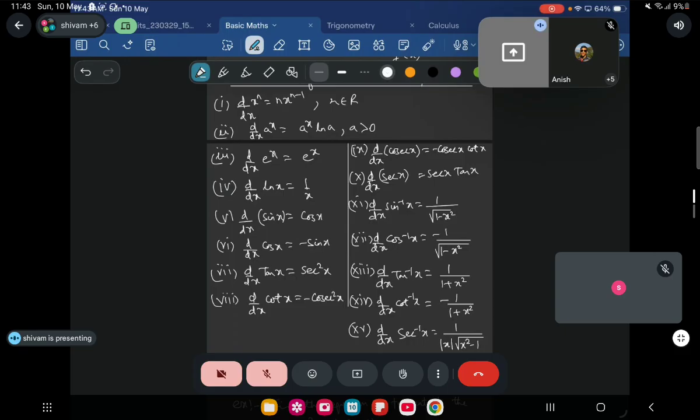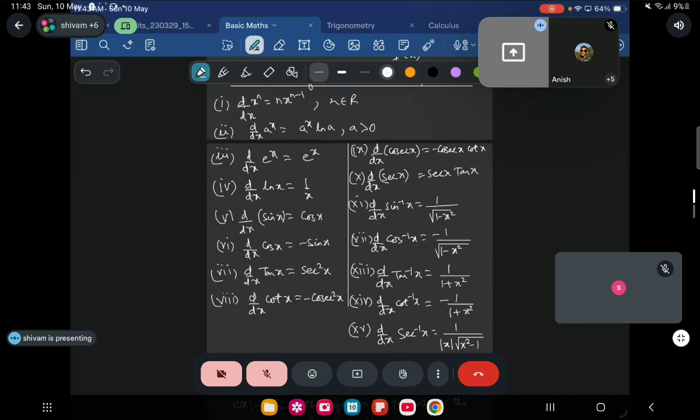Ishita, first one is correct. Second one is correct. Fourth one is correct. Check.